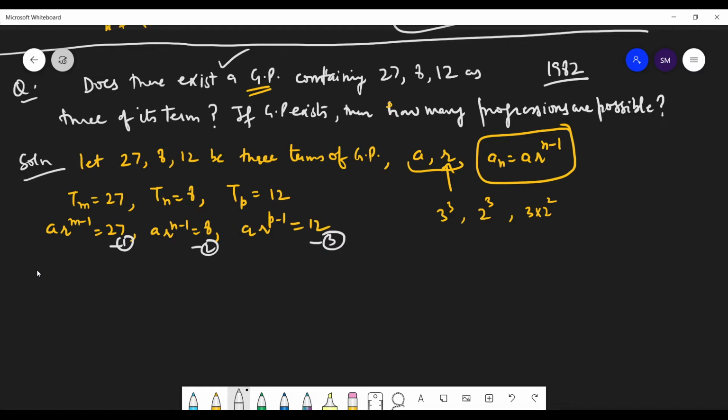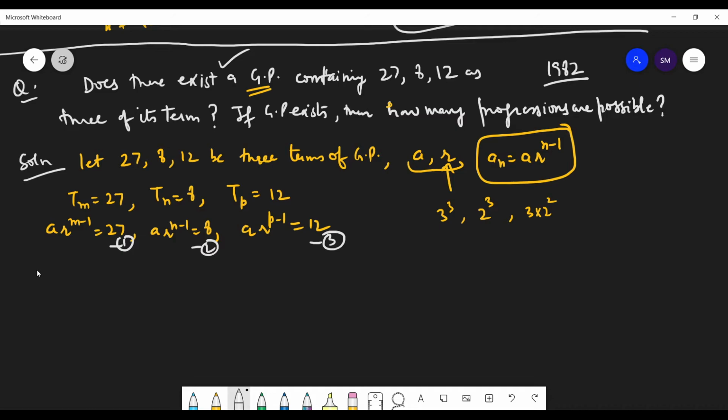See, first of all, you can write 1 by r. 1 by r is equal to 27 by 8 into 1 raised to the power m minus 1, right? And r you will be getting as 8 by 27 raised to the power m minus 1. Now it's okay.